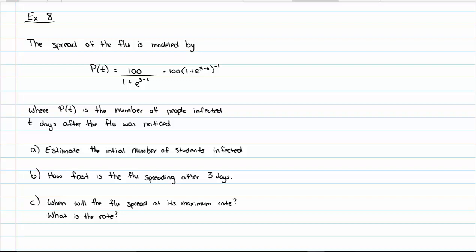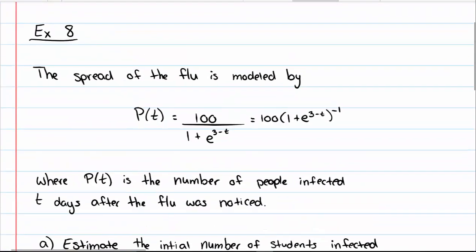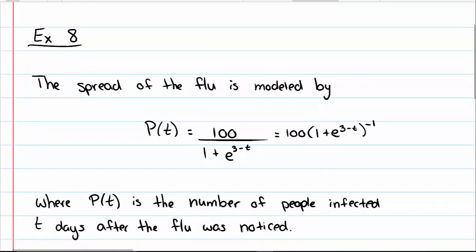The second is to notice how fast the flu is spreading after 3 days. And the third is when will the flu be spreading at its maximum rate, and what is the rate? I'm going to walk through these questions one by one really quick, and then we'll work them out.